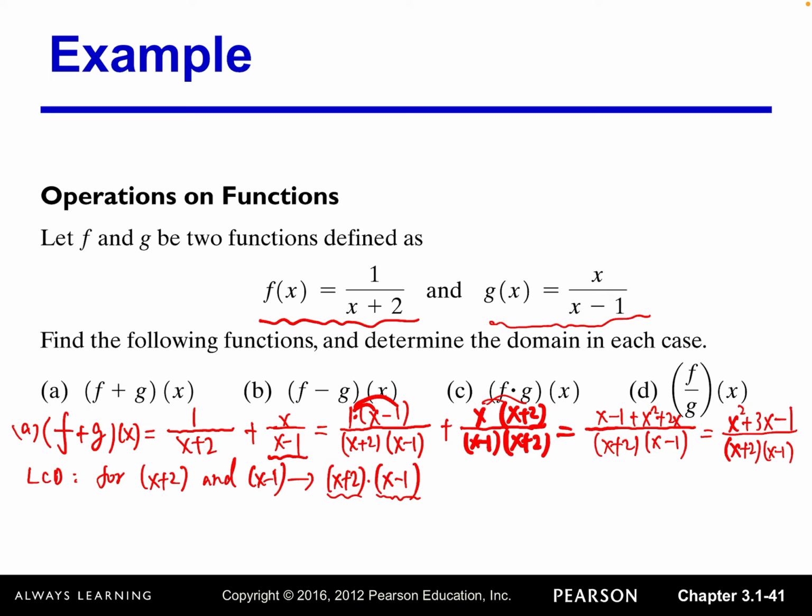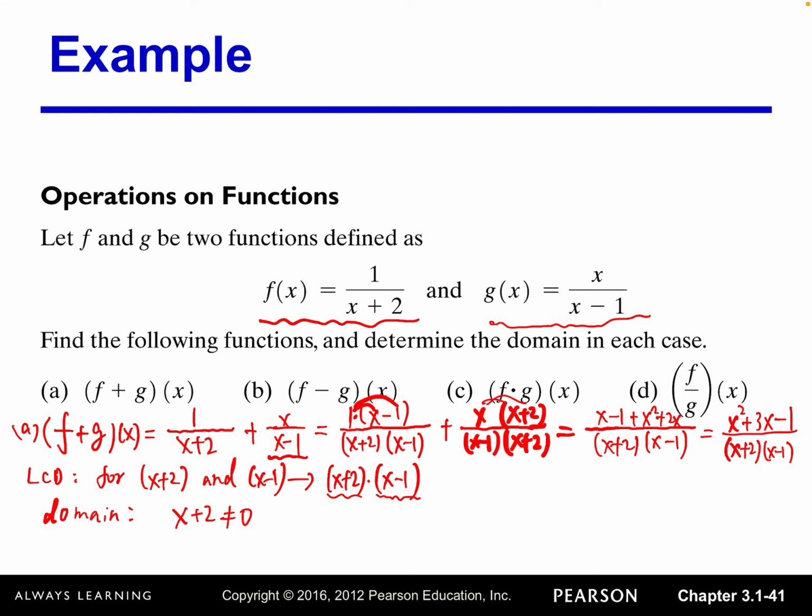But what about the domain of the addition of the two functions? So let's find the domain. For the domain of f of x, the denominator cannot be 0, so x plus 2 cannot equal 0. This comes from function f of x.